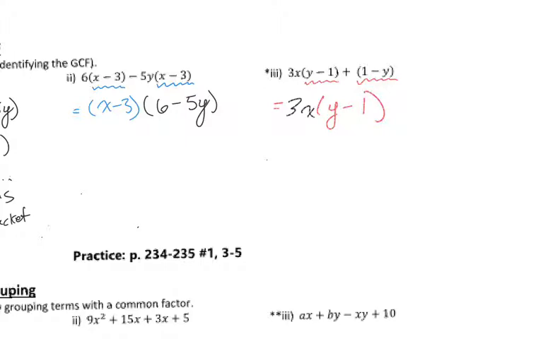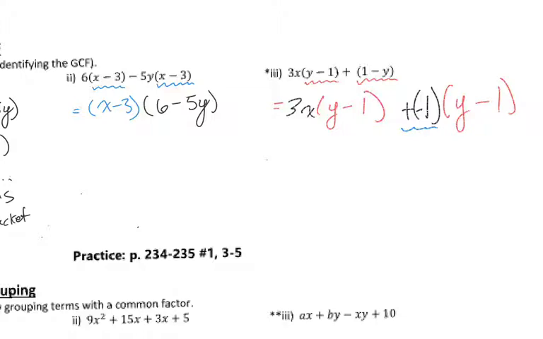And then in order to change the second bracket of 1 minus y into y minus 1, we literally have to pull out a minus. We actually have to pull out negative 1. So plus minus negative 1 gives us negative 1. So if you think about it, you got a minus sitting out front, and then you end up with y minus 1. Now, this part here is plus and minus 1.